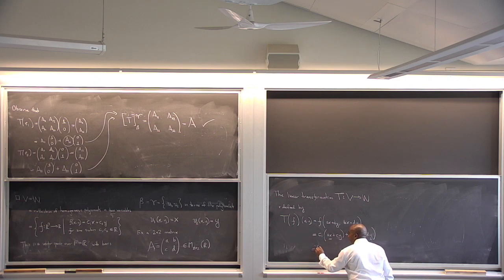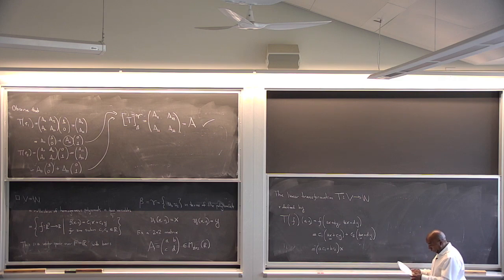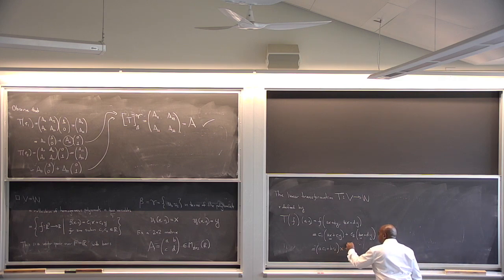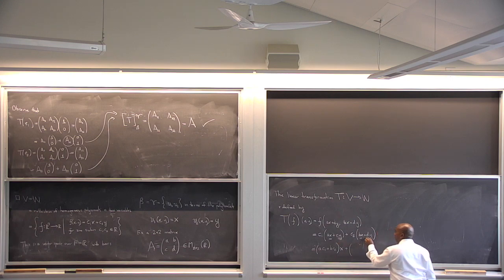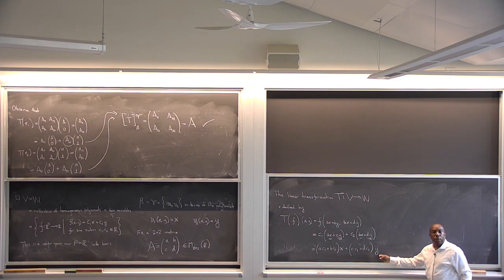So here I have an ac1 plus bc2 times x. Again, ac1 plus bc2 times x. Plus, now let's do the y terms. So here I have a cc1 plus dc2 times y. Right? So now this is my new polynomial in two variables.